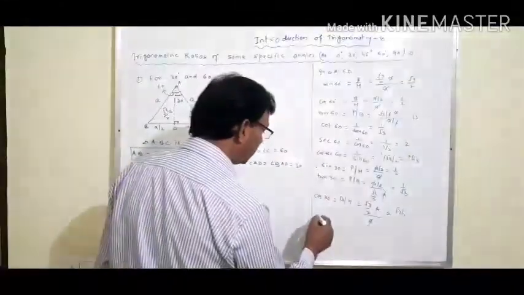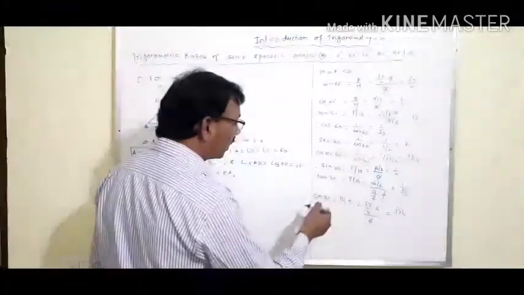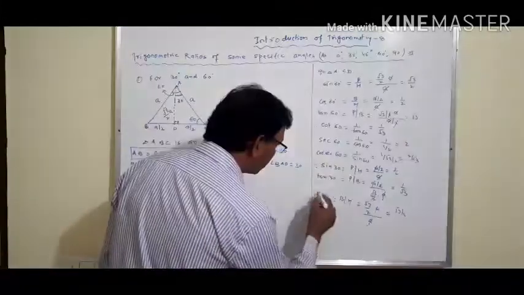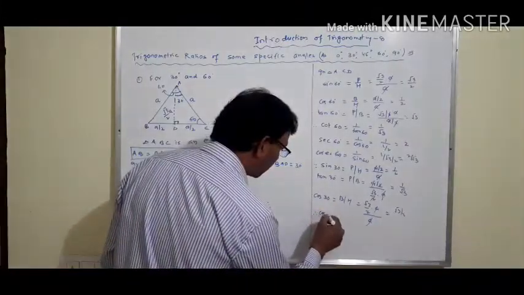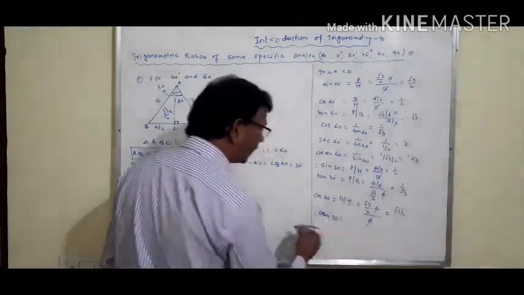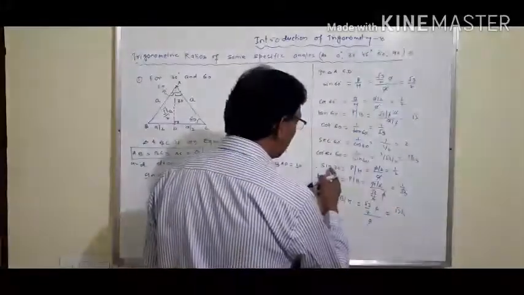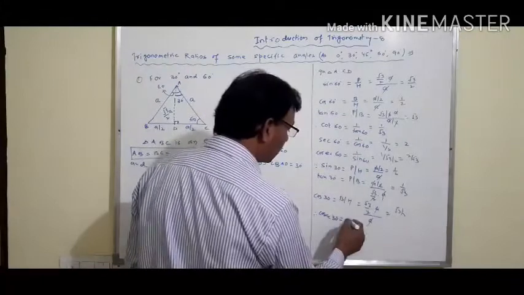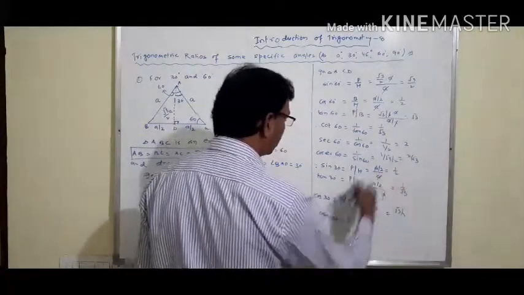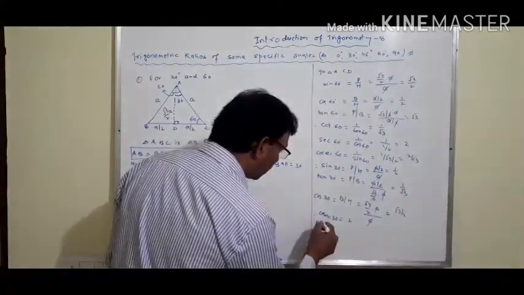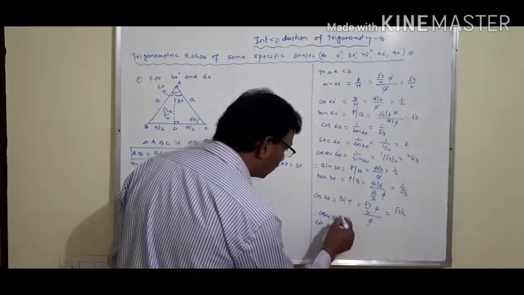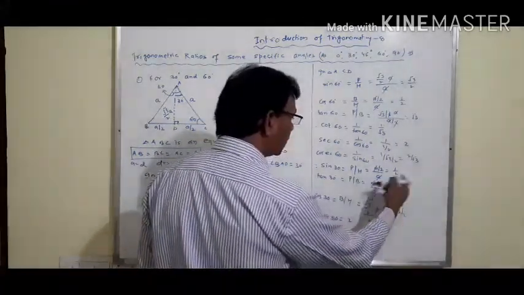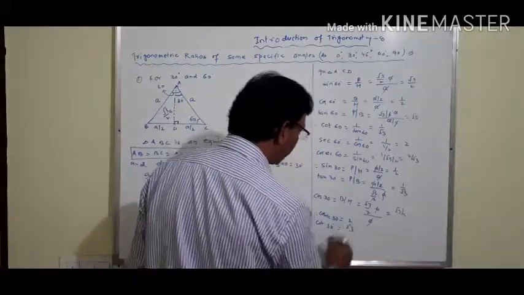Therefore we can write the reciprocals of sine, tan and cos. Reciprocal of sine means cosec 30. We can write directly, if the value of sine 30 equals 1 by 2, that means cosec 30 equals 2. Cot of 30: if tan 30 equals 1 by root 3, then the reciprocal will be root 3.